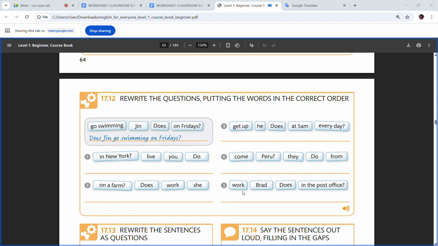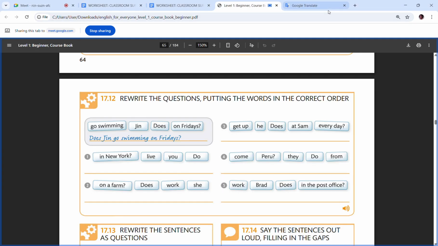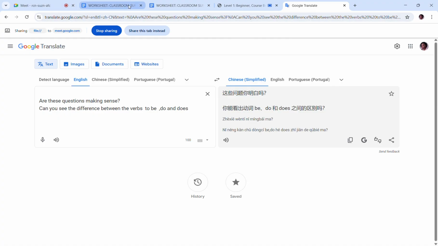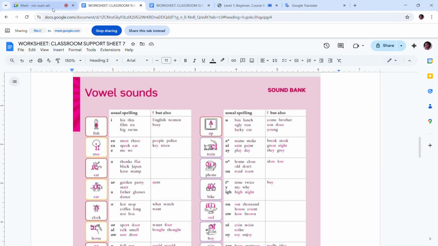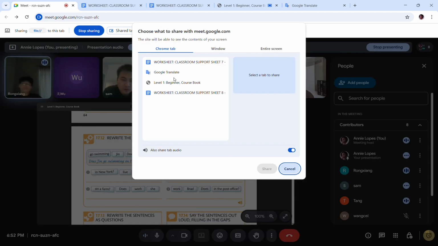And then number five, does Brad work in the post office? Yes, does Brad work in a post office? Post office. Yes, post office. You know what is post office, right? Do you use post offices in China? I don't know. No?